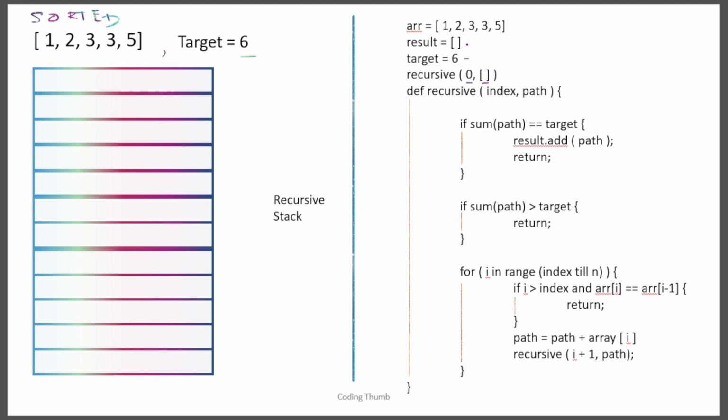Our target is 6 and we also initialize a results array, which is an empty array. Now the path is empty right now, so its sum is not going to equal the target, and the sum of path is also not greater than target. So now we start our for loop, which starts from 0 till n, and n here is 4.